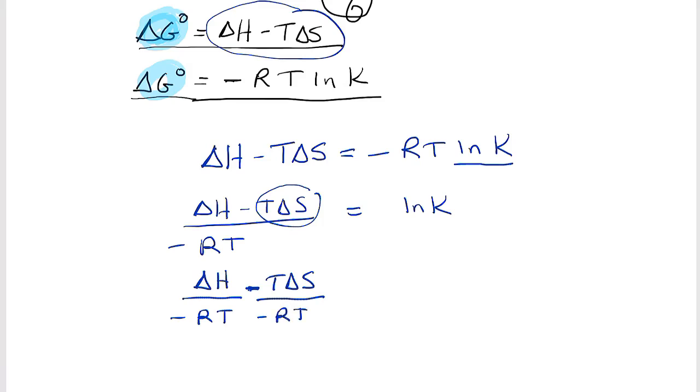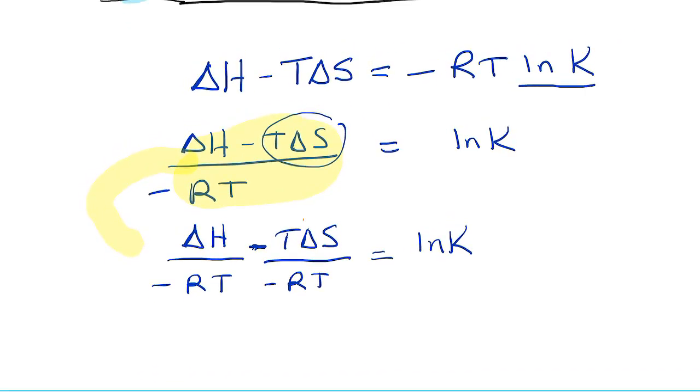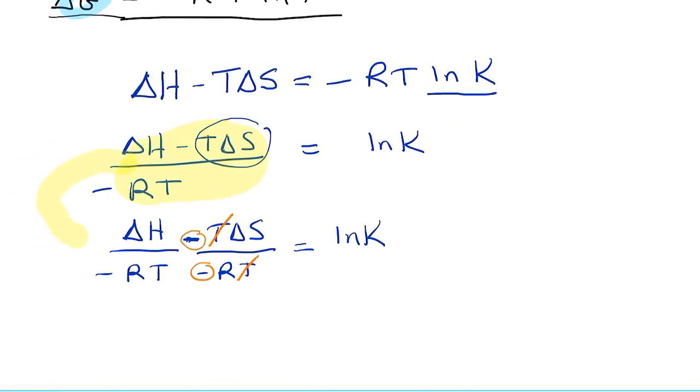That's mathematically the same expression, and it equals ln of K. We got some things we can cancel, so we can cancel our temperature here and here. And you notice negative over negative makes a positive.